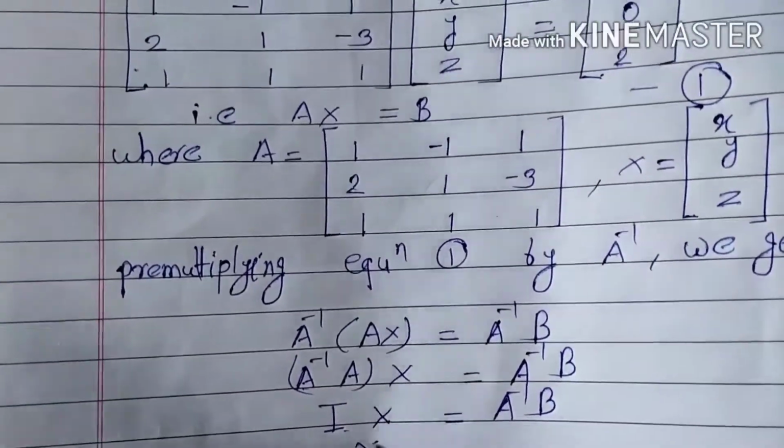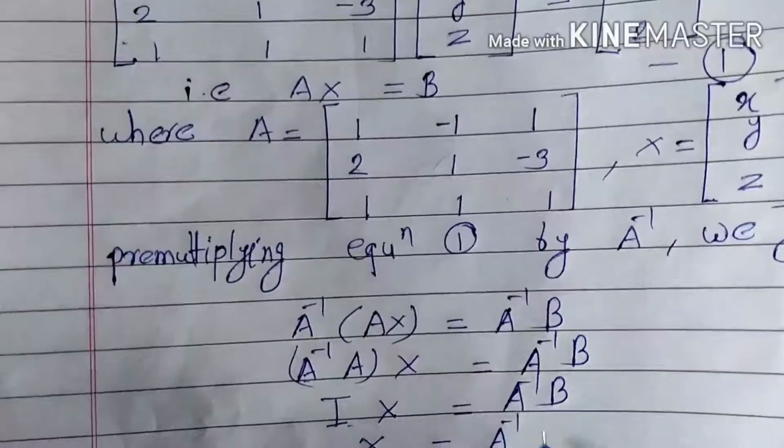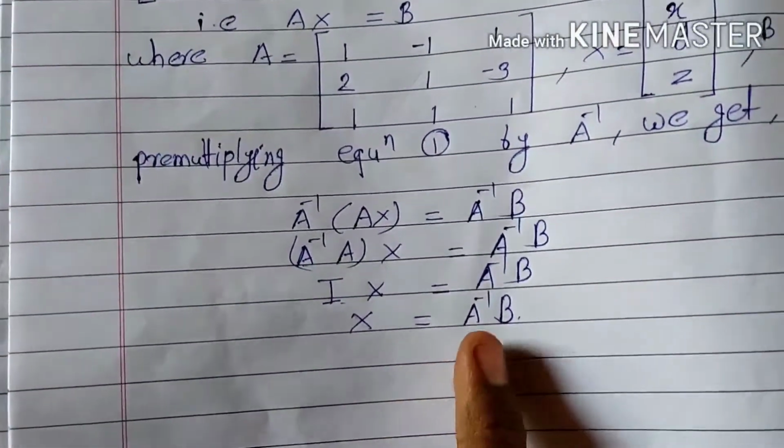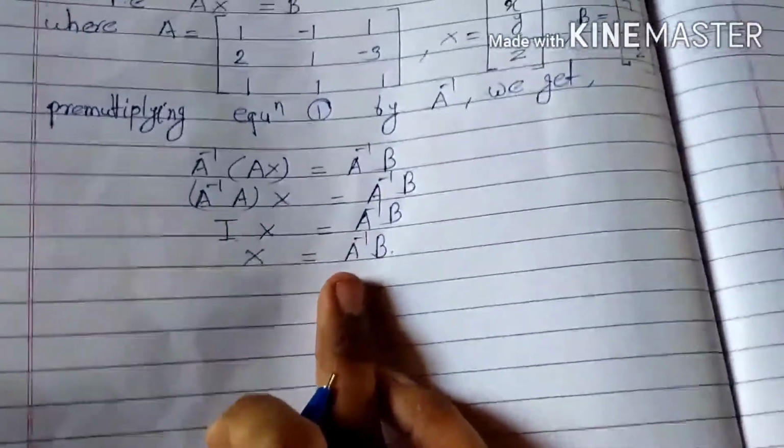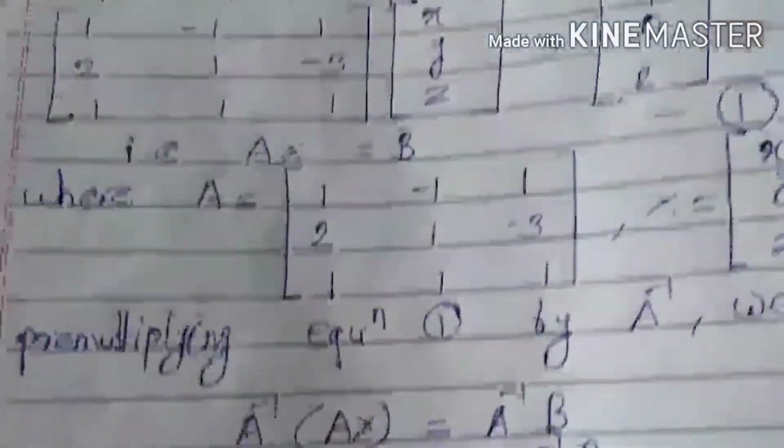Identity matrix into X is X. Now here we have to find A inverse. So A inverse by adjoint method.